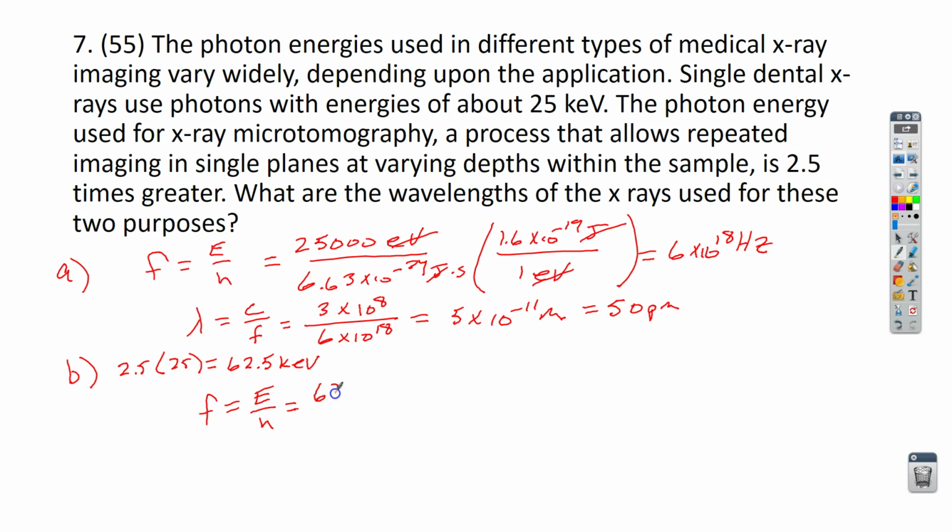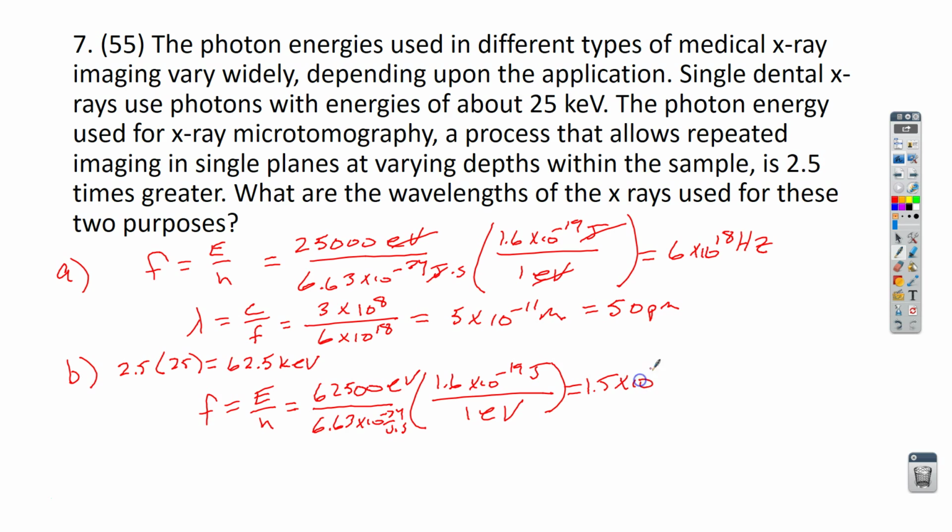Our energy here is 62,500 because it's keV. And we divide that by h, 6.63 times 10 to the negative 34th. Our problem is this is in eV and this is in joule seconds. So we need to say 1.6 times 10 to the negative 19th joules all over 1 eV. And that gives us 1.5 times 10 to the 19th hertz.